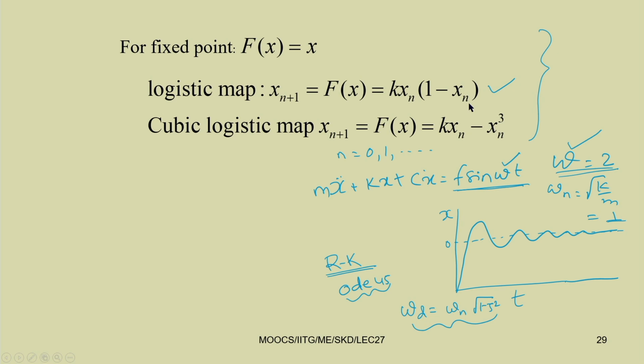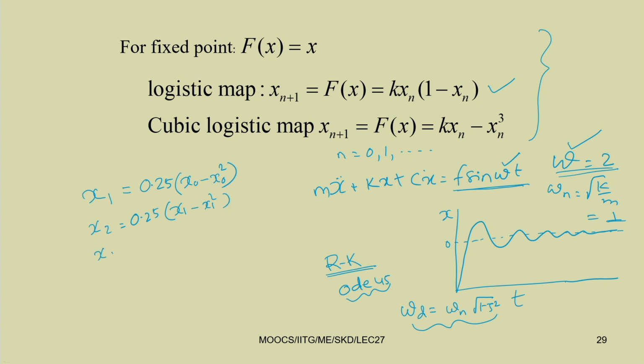For example, in case of the logistic map, x1 will be equal to k, which we have taken 0.25, so 0.25 into x0 minus x0 square. Similarly, x2 will be equal to 0.25 into x1 minus x1 square, taking the previous point x1.